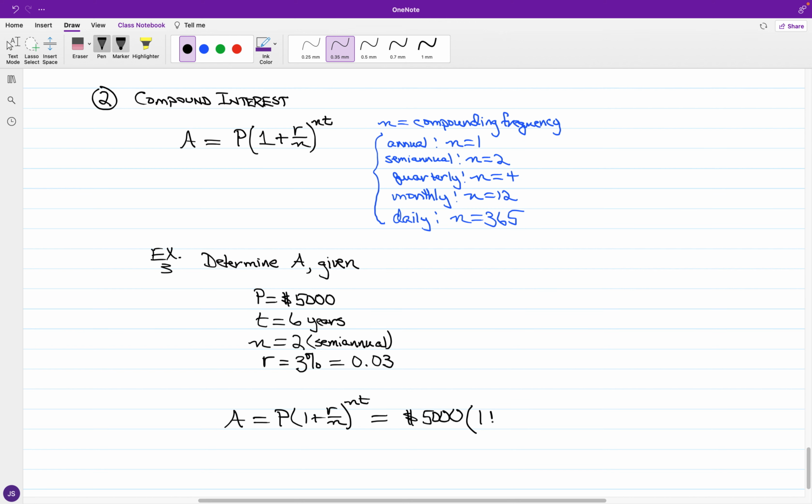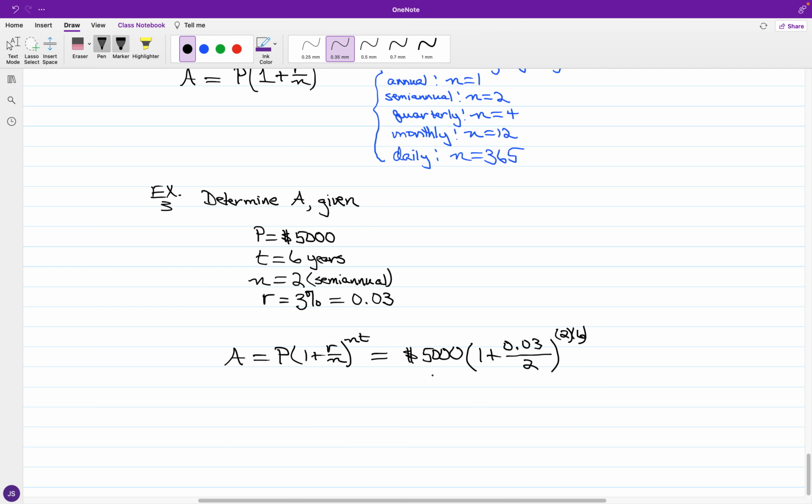And for 1 plus R over N, okay, so R we have at 0.03. And we have N at 2. And for the N times T power, okay, so you're looking at, you're going to multiply together 2 and 6.